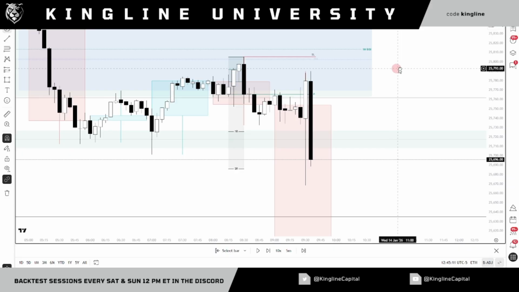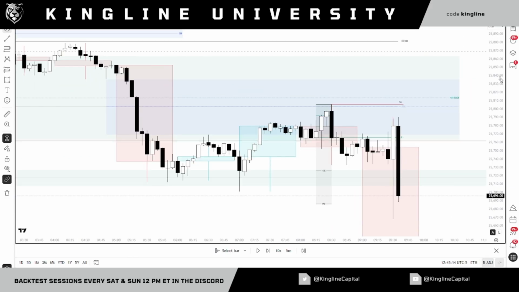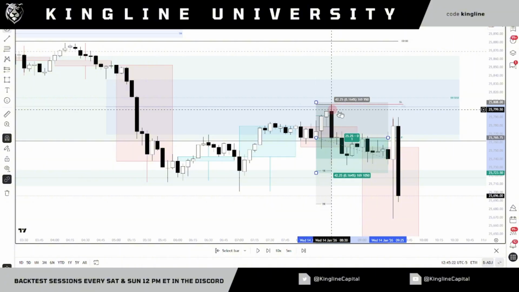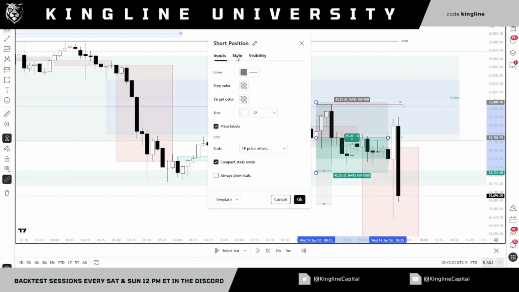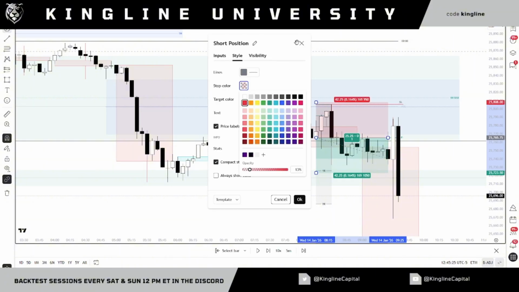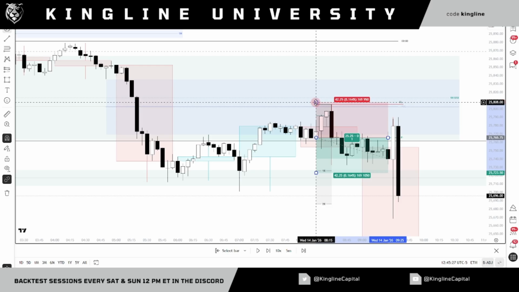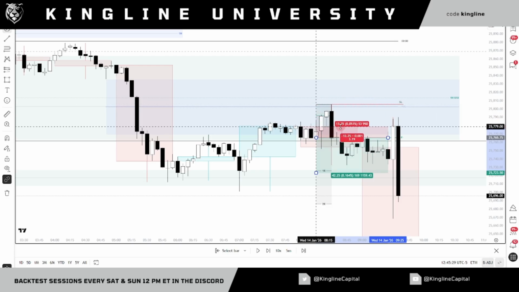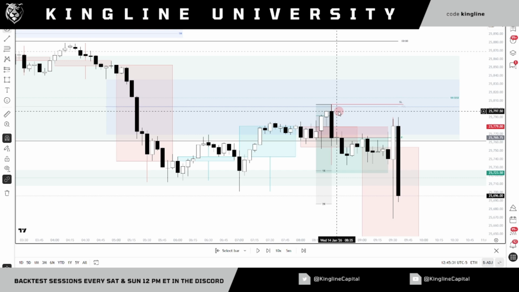I just have to divvy this up. So the CISD would occur on this candle. Our entry would be here.